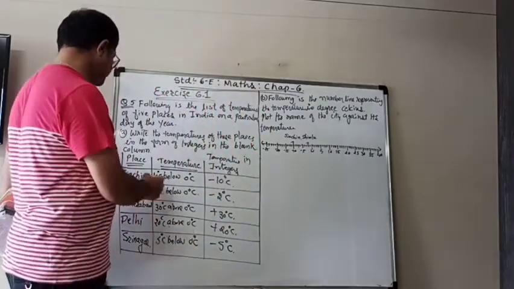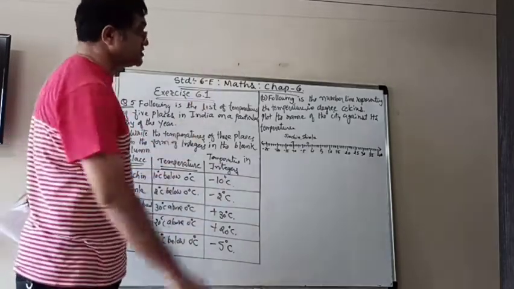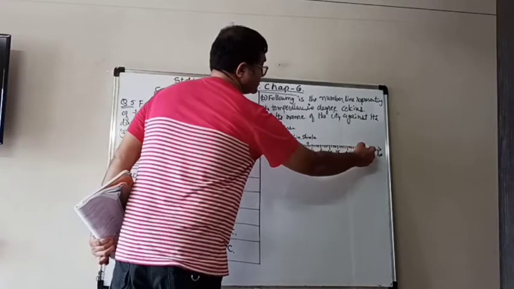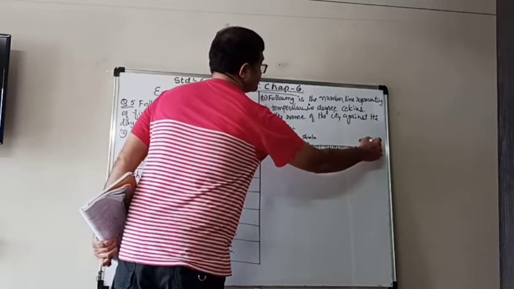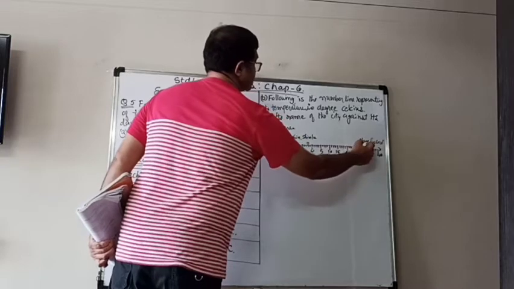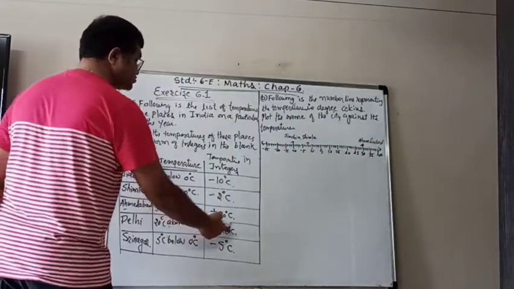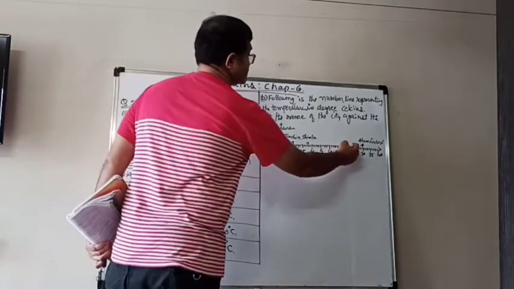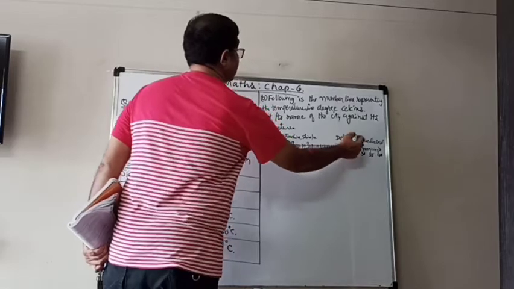Take the third one. Third one is Ahmedabad, plus 30 degrees Celsius. So we will put Ahmedabad here. Then fourth one is Delhi at plus 20. Plus 20 is here. So it represents our Delhi.